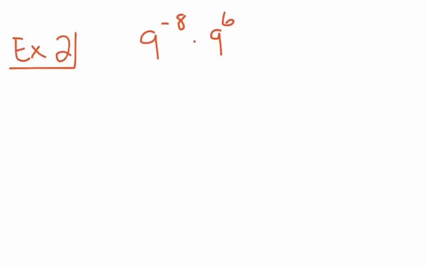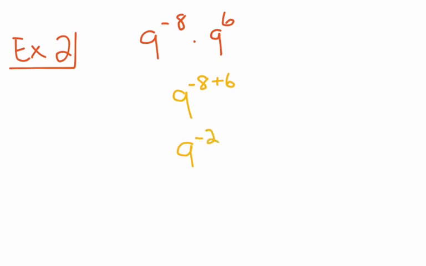Here we have 9 to the negative 8th times 9 to the 6th. Again, same thing. We're multiplying powers with the same base, so we add the exponents, giving us 9 to the negative 8th plus 6. When we add those together, we get 9 to the negative second power.